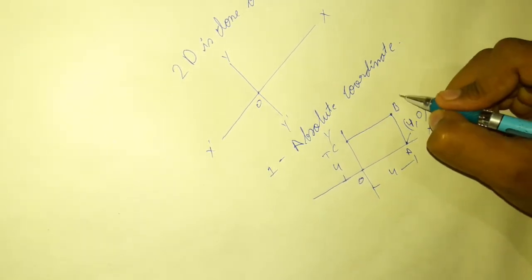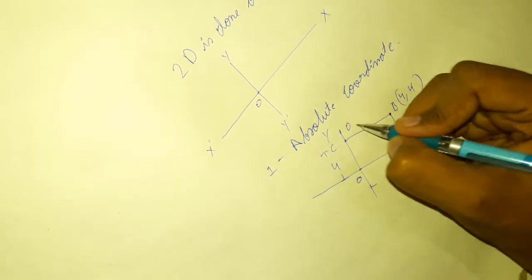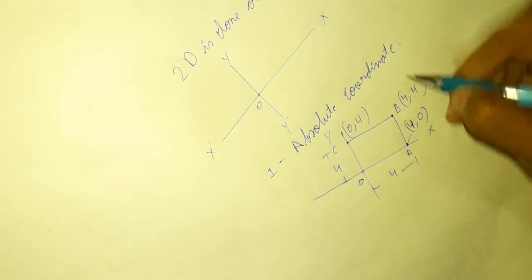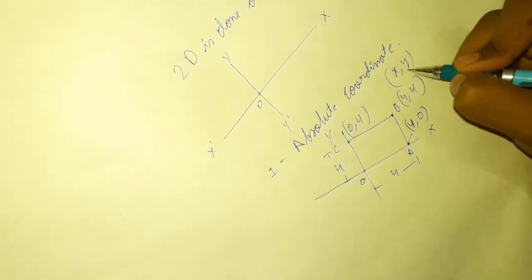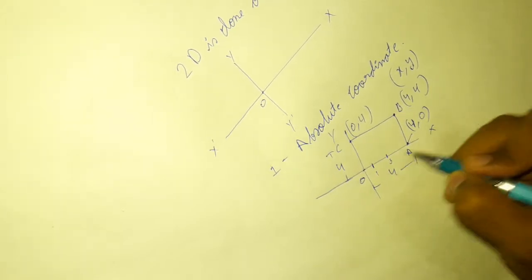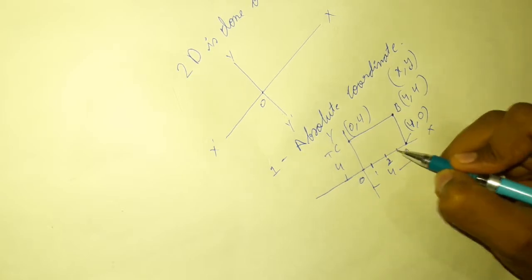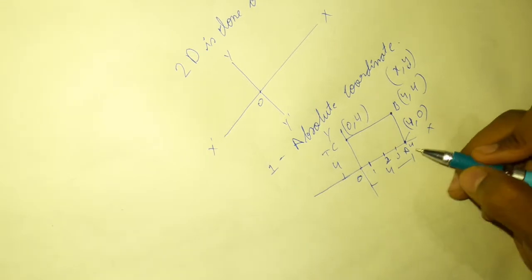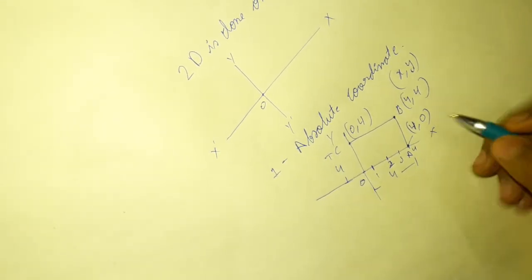So this point is 4, 0, and this one is 0, 4. As we generally know, the coordinates of a point are written in this order: X, Y. This one is 3 and this one is 4. Then this point stands for 4, 0.